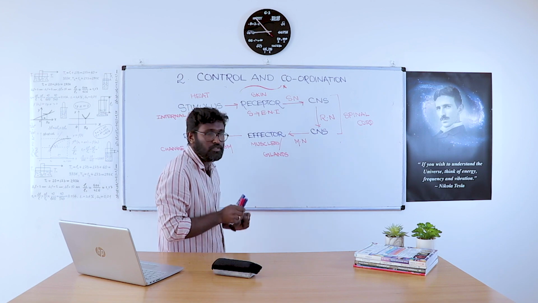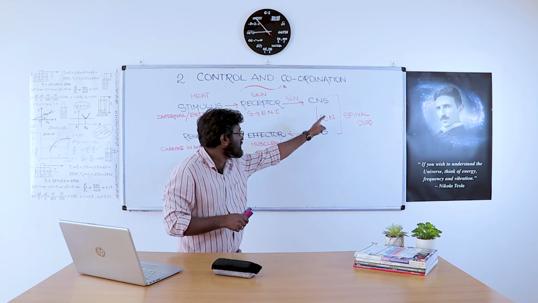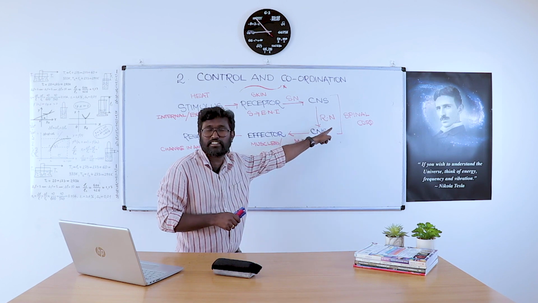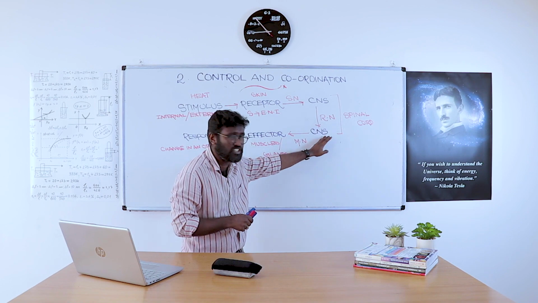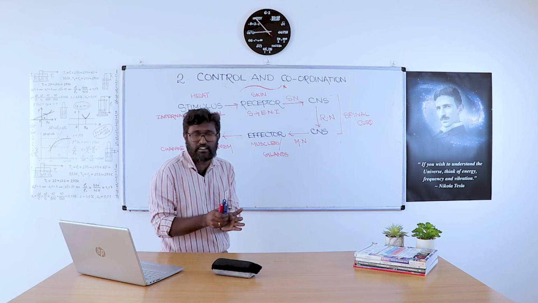So now the effector organs know what the reaction will be, because the data has been analyzed and the result finalized, and that signal is transferred to the effector organs called muscles and glands.